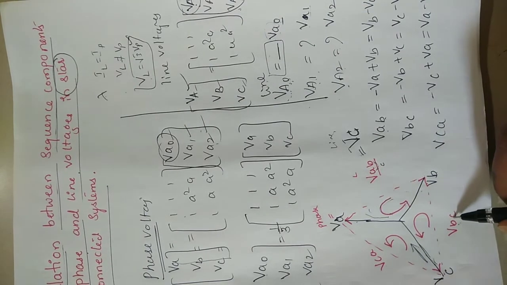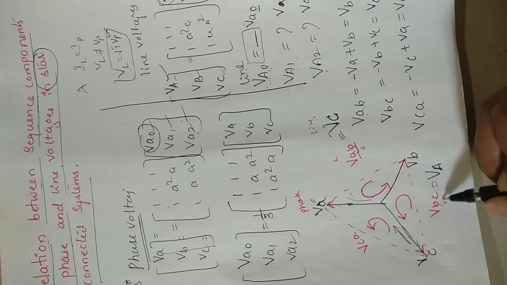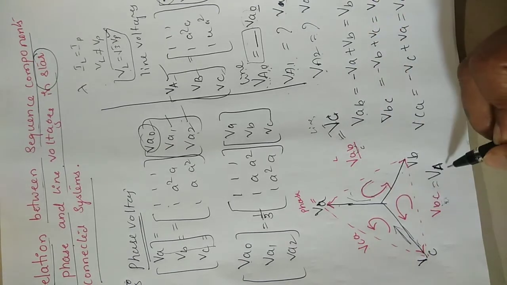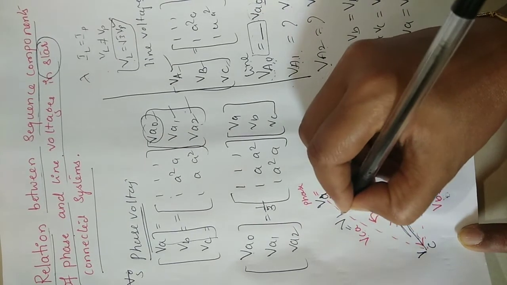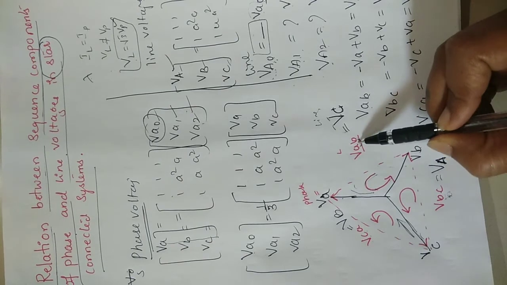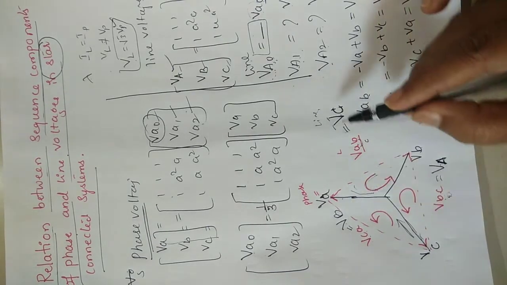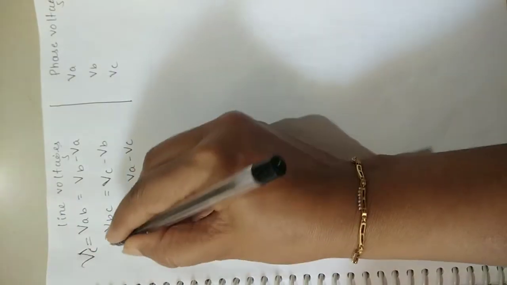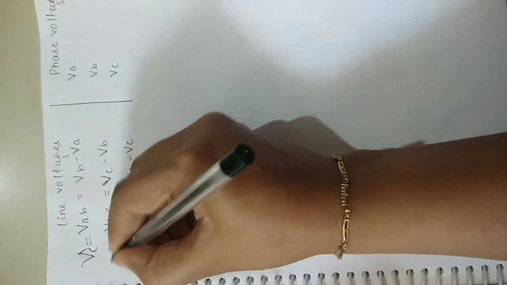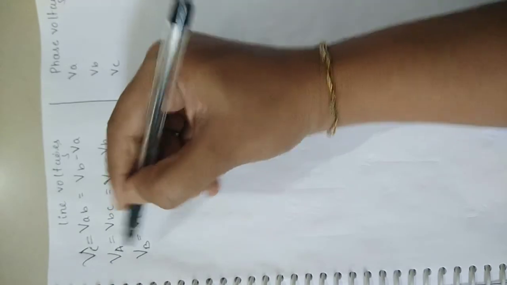Then VBC has B and C, but A is not there, so it is capital VA, just for representation purposes. VCA has no B, so it is represented as VB. So these are your line voltages, VA, VB and VC.